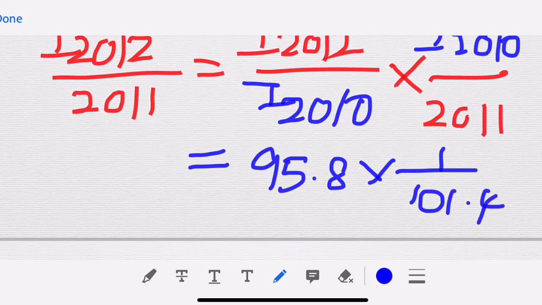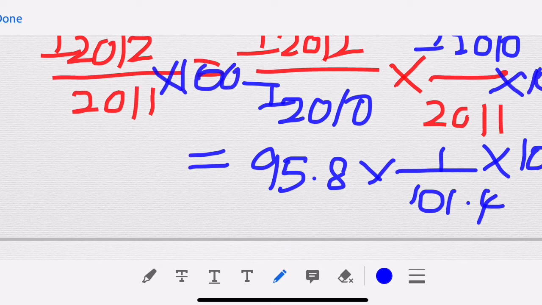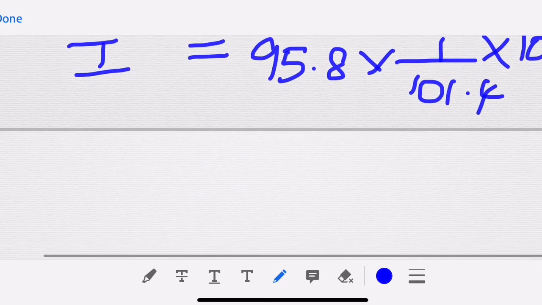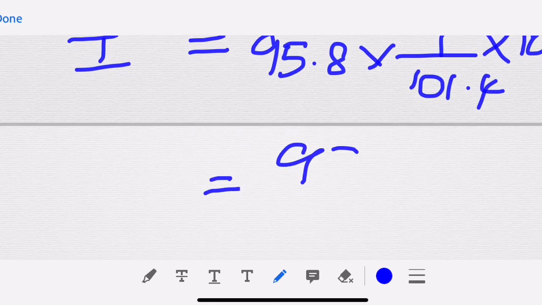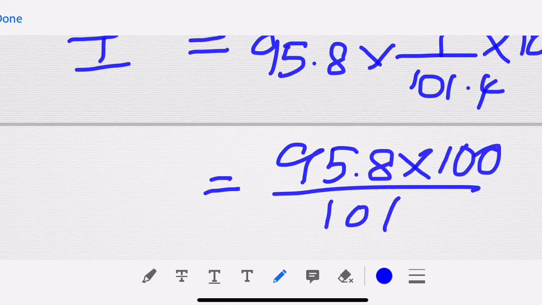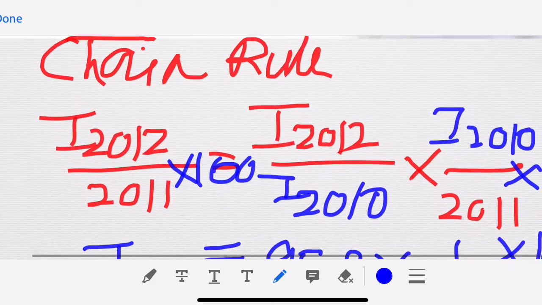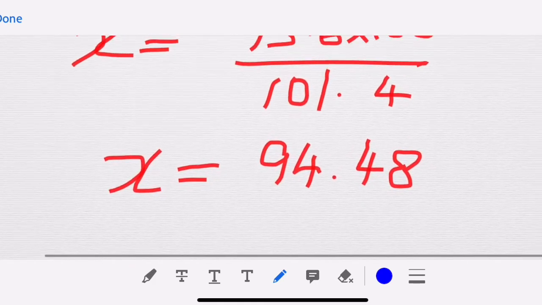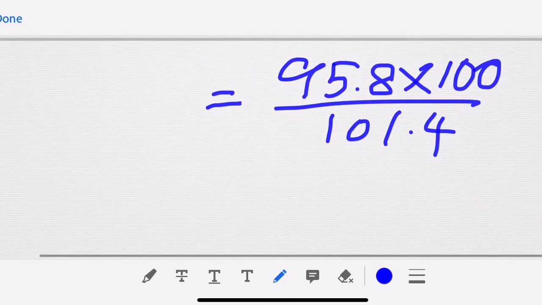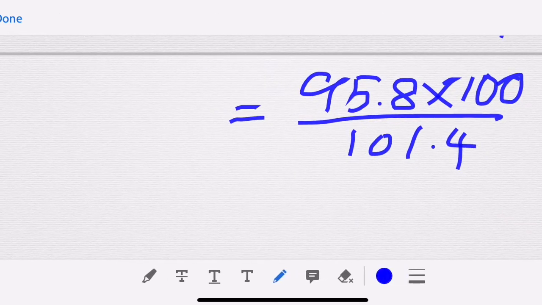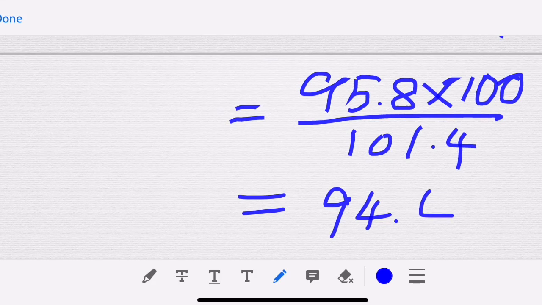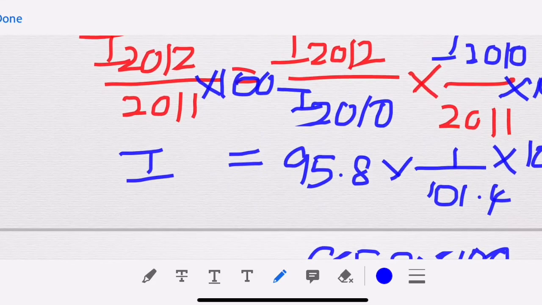Then you have to times 100 for sure, because as you know, for an index number you have to times with 100. So finally you get 95.8 times 100 divided by 101.4. So you are getting the same answer like just now, which is also 95.8 times 100 over 101.4. So you get the same answer, 94.48.